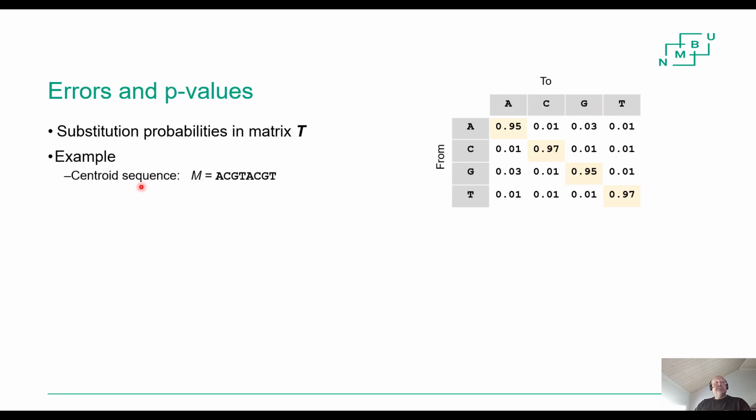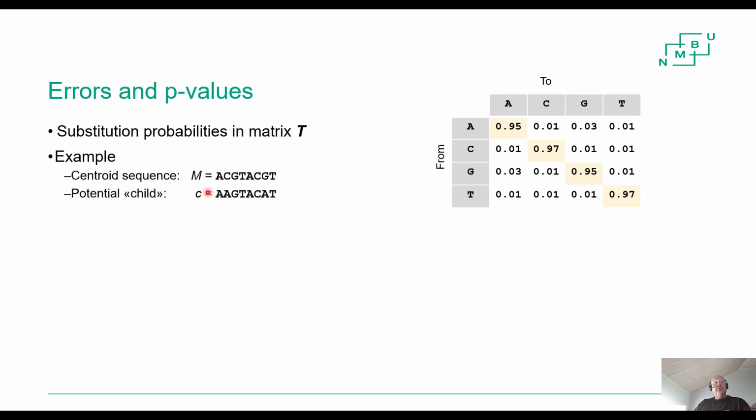So for example, take a centroid sequence, or mother sequence, as they like to call it in the DADA2 language. Let's assume it's this sequence. Very short one though, but for example it works. And here's a potential child or member of the same group. We can see it's quite similar, but it differs here, and it differs here. Otherwise it's identical.